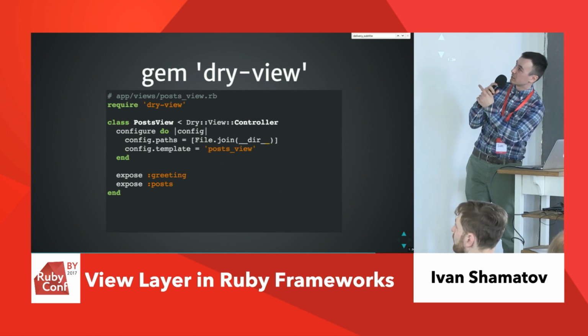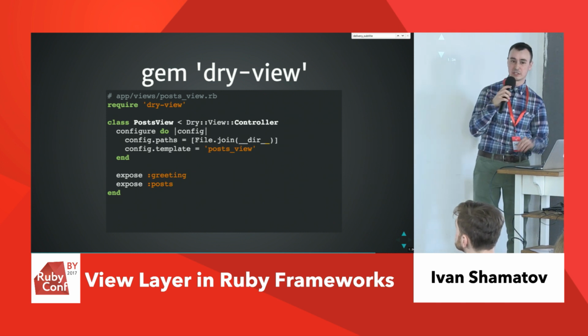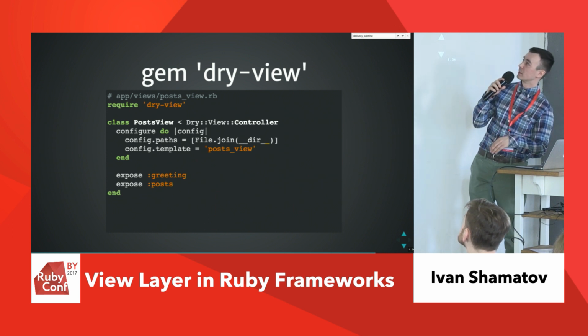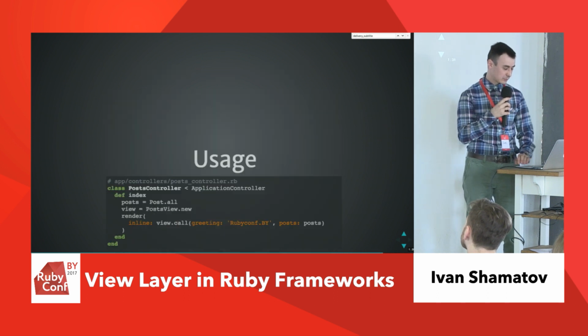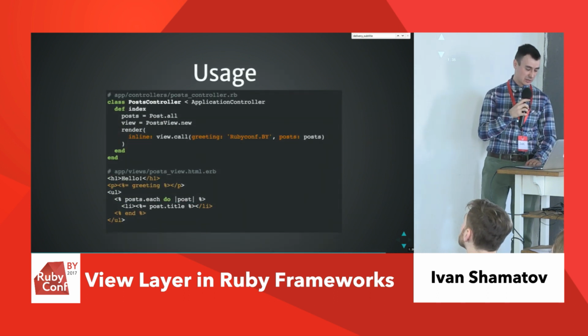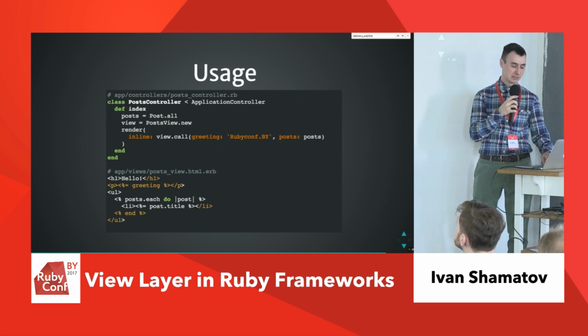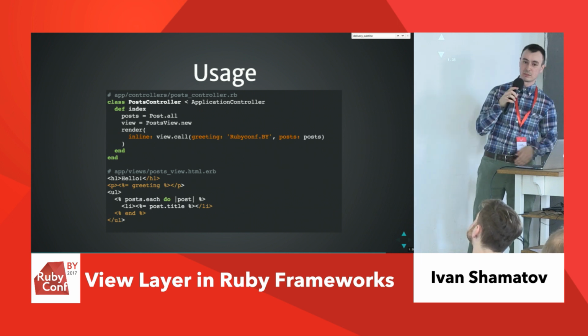So I'm configuring my PostView and saying that the template will be in the same path as the view, and it will be called PostView. So inside our controller, we are going to get some posts, create a view instance, and just pass them to the view.